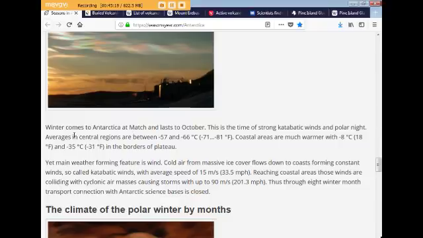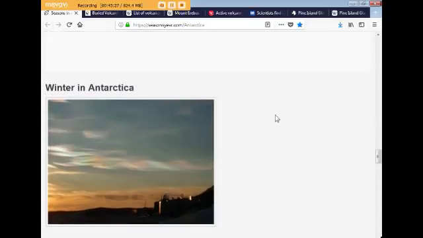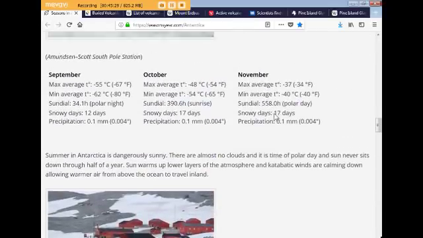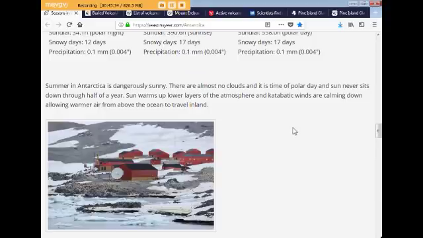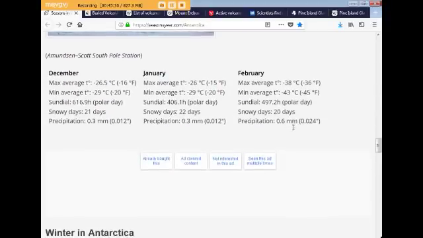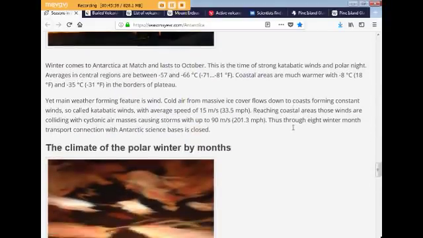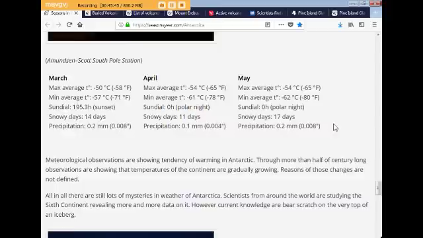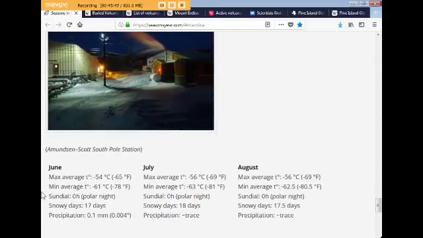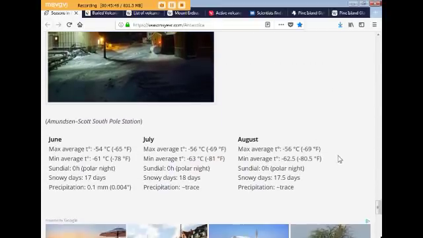They said winter comes to Antarctica in March and lasts to October. I think they meant August, because they just put September up here as the starting of the spring and summer. So fall is March through May, and then winter is June through August.